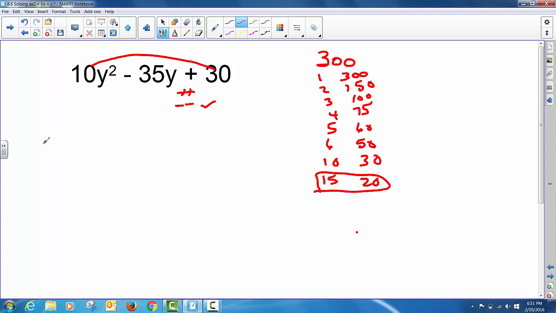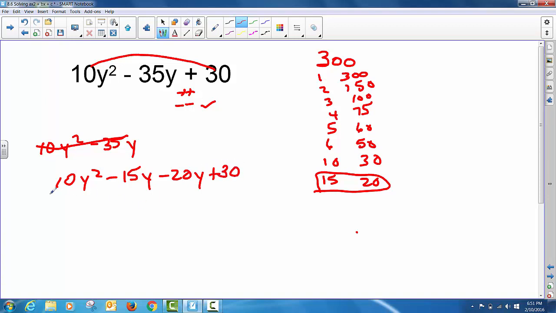So we come over here and we go 10y squared minus 35y. No, excuse me. We go 10y squared minus 15y minus 20y plus 30. Then we see what they have in common.